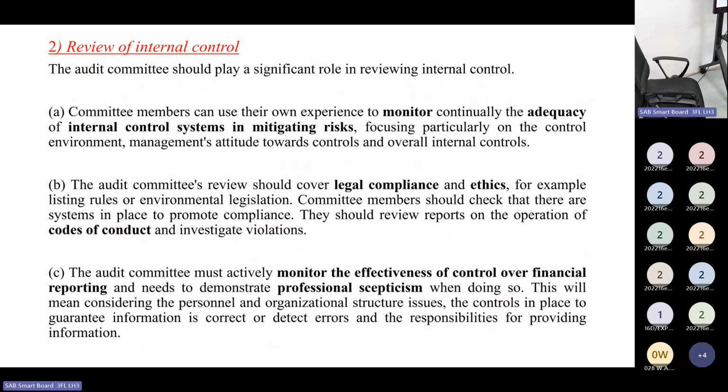Right. Now we are coming to the second basic component of the audit committee. That is review of internal control. Right? Internal control means what? The management controls are done. Management control and internal controls are two different things. Management control means the control mechanisms used by managers when they are making managerial decisions.